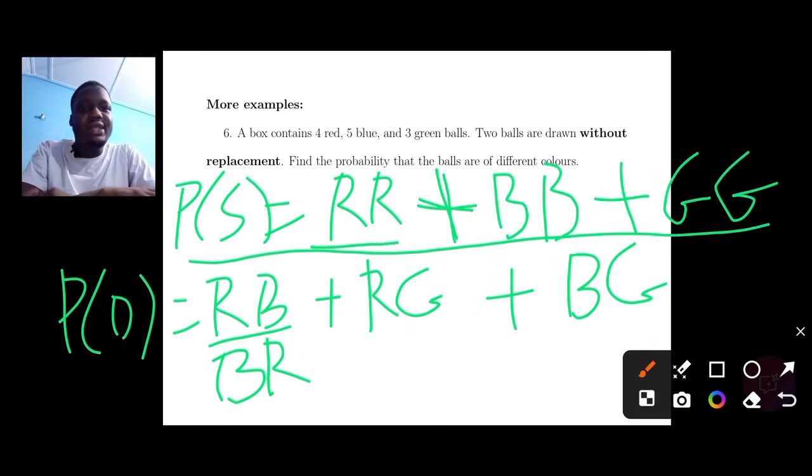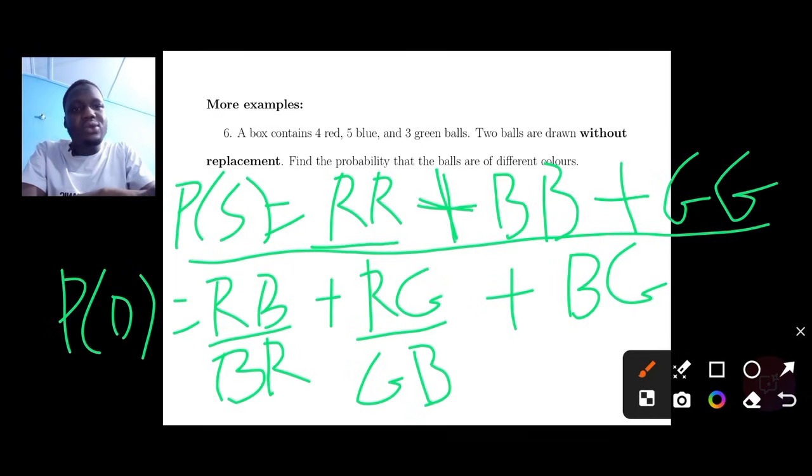Because we don't replace, they will be completely different. So you will have 6 terms. Red, blue means first one is red, second one is blue. It's different from blue, red, which says first one is blue, second one is red. Because of the without replacement, they cannot be the same.